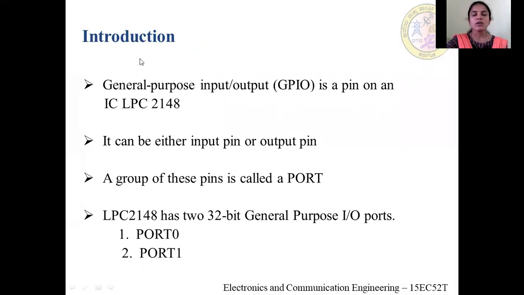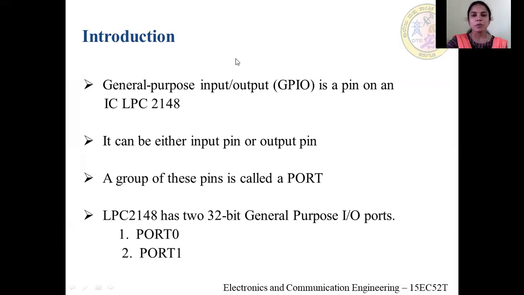So, an introduction on GPIO. The general purpose input output is nothing but a pin on the LPC2148 IC. LPC2148 is a 64 pin IC.